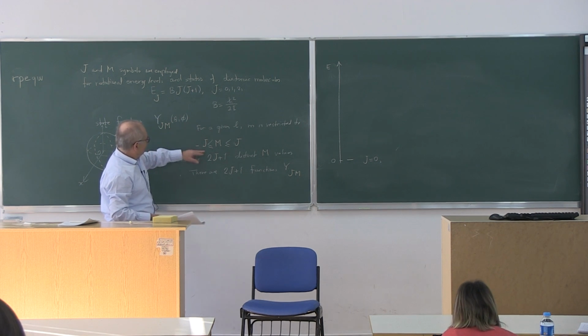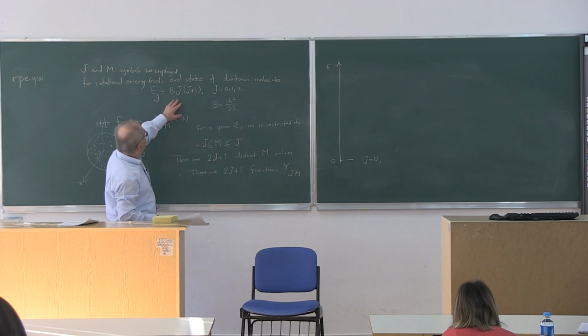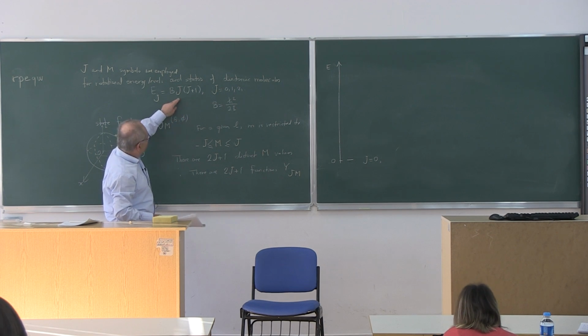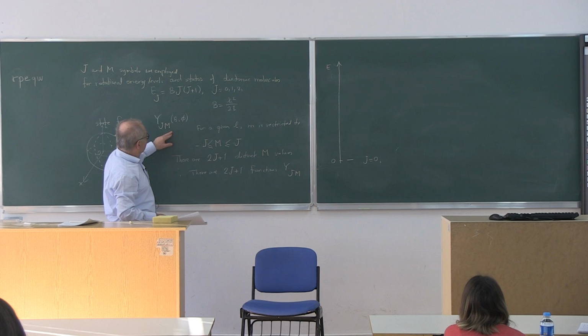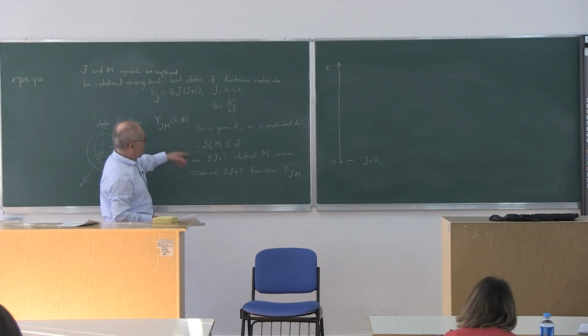Notice that when M changes for a given J, energy is the same, because this expression doesn't contain M. On the other hand, for this rotation state function, there are 2 times J plus 1 different M values.